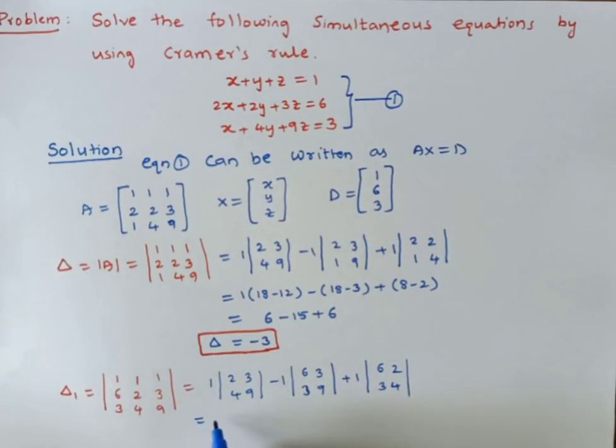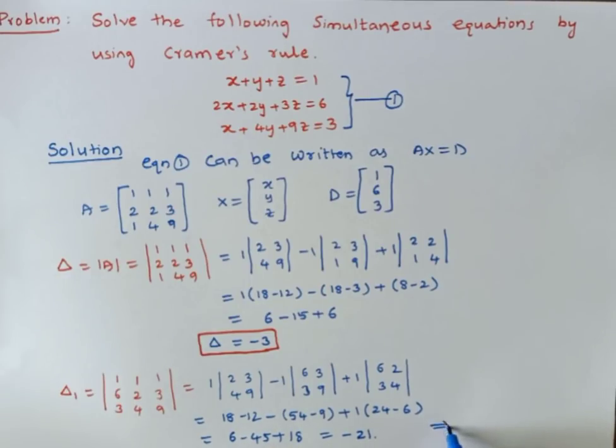Now this is 1 times of 18 minus 12, minus 54 minus 9, plus 1 times of 24 minus 6. This is 6 minus 45 plus 18, which equals minus 21.